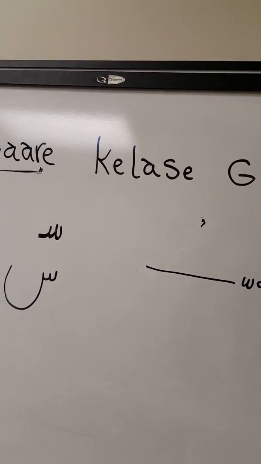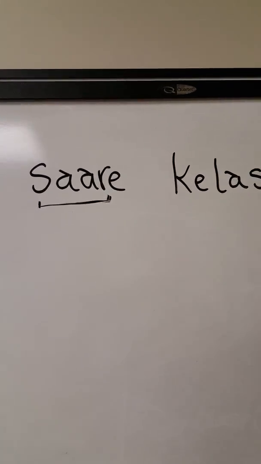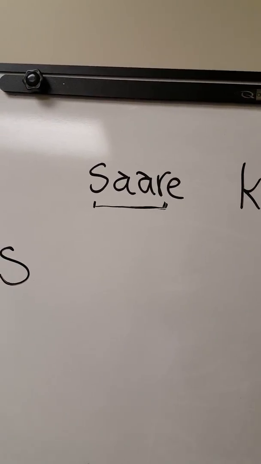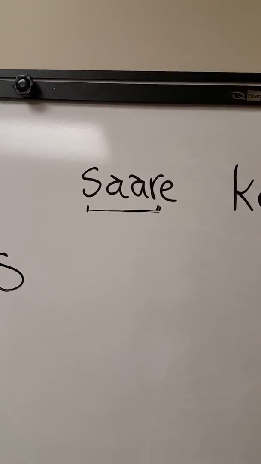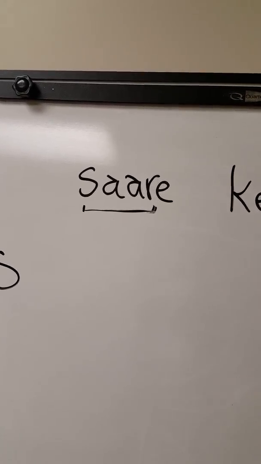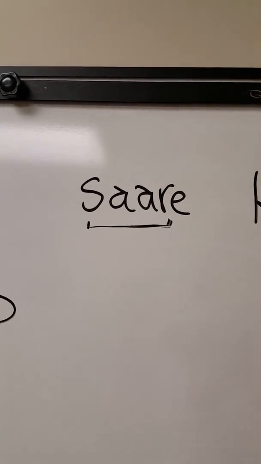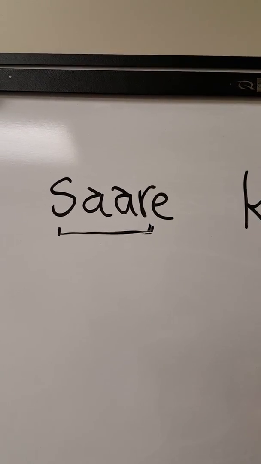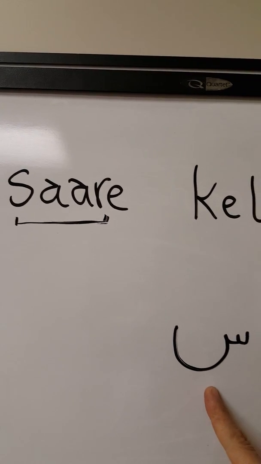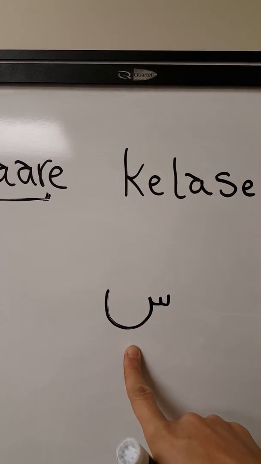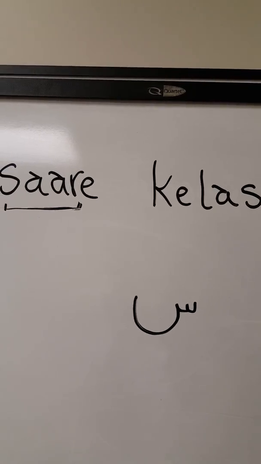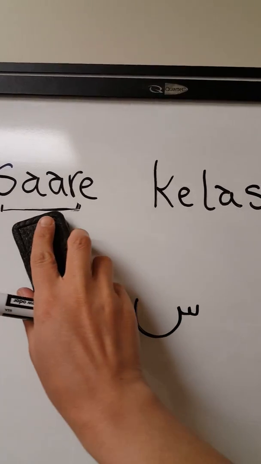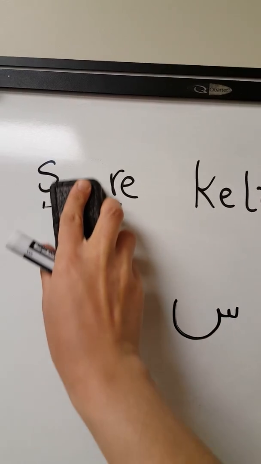So here, for writing the word sar, because you see I say sar, there's that stress in that word, so they write the first alphabet, but for some reason they just ignore this part.